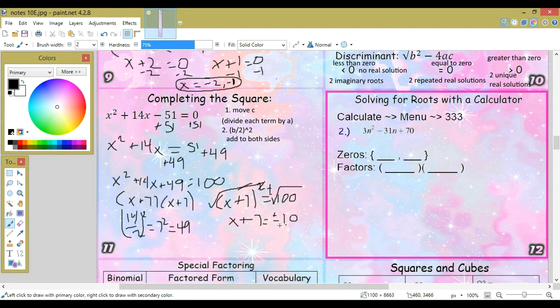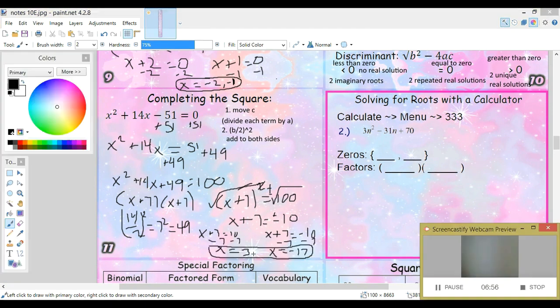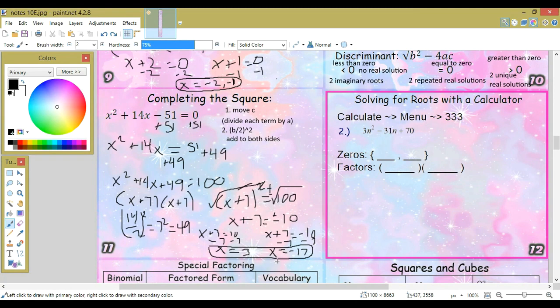So from here, we have two different equations. We have x plus 7 equals 10, and x plus 7 equals negative 10. If you solve both of these, we get x equals 3 and x equals negative 17.